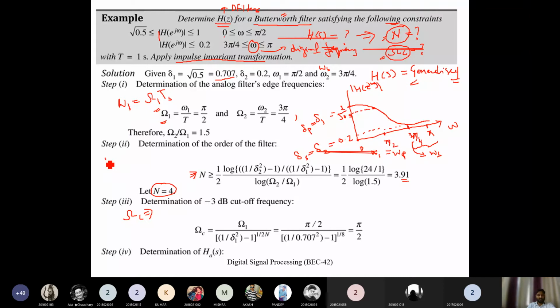We already know how the transfer function of a Butterworth filter is given: it is 1 divided by (1 plus (omega by omega c) to the power 2n) the whole to the power 1 by 2.